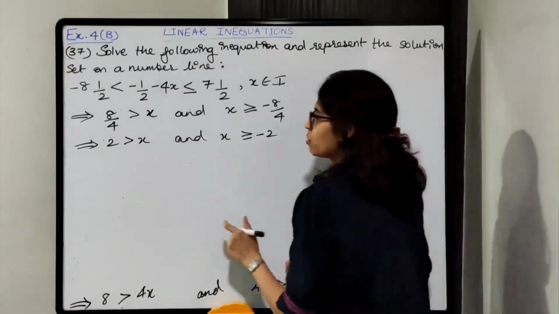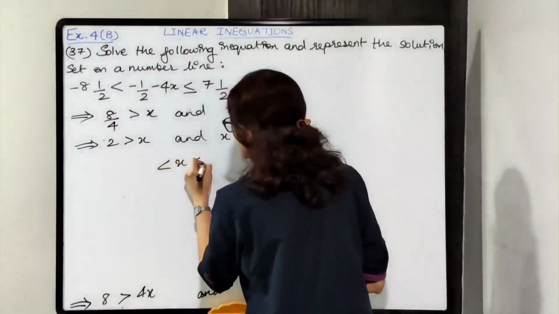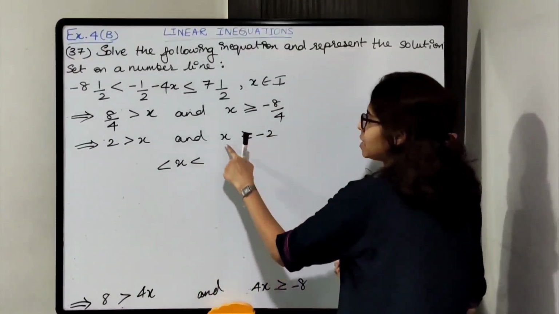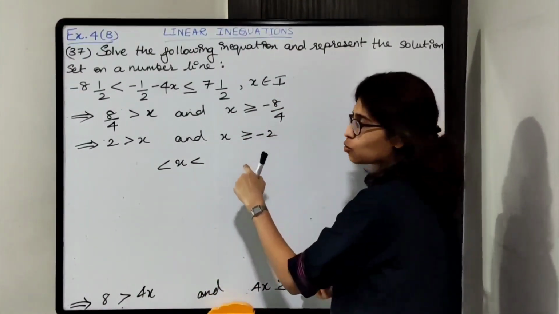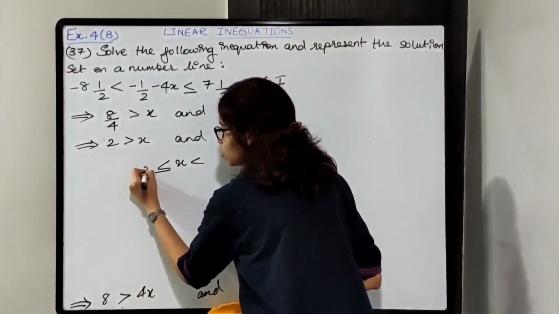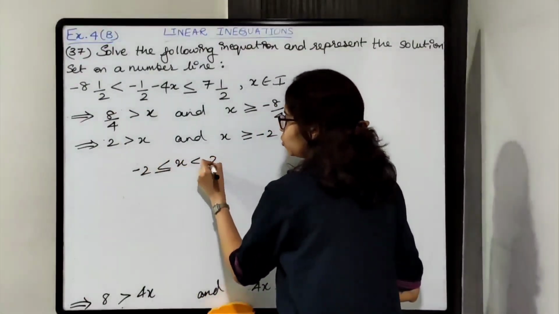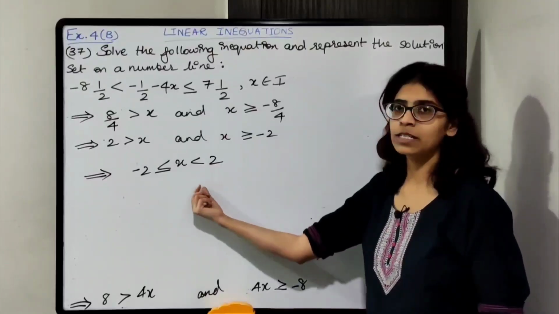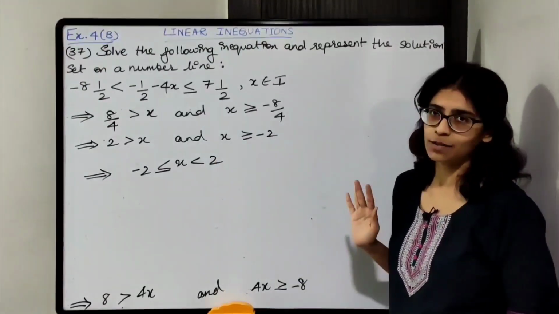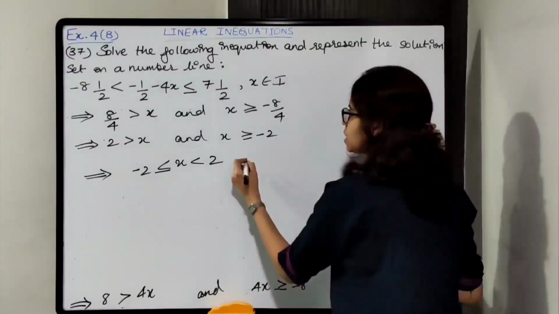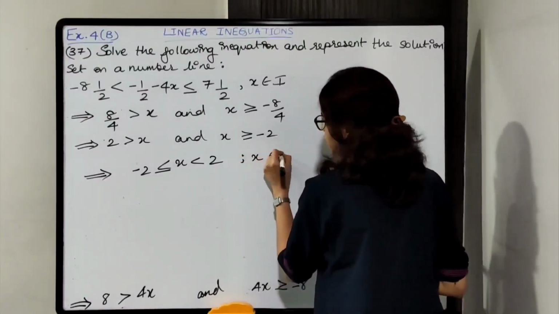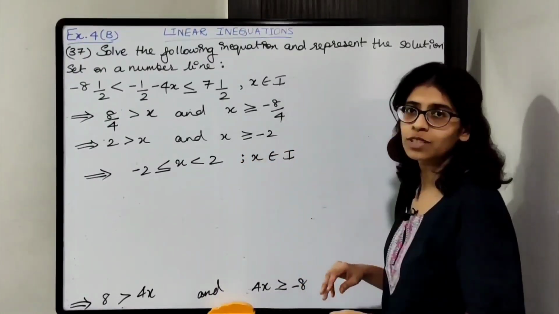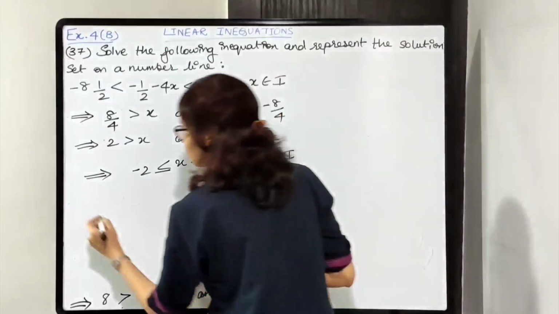We got the range, so greater than something, less than something. X is greater than or equal to minus 2. So equal to be here, minus 2, and less than 2. So we got the range of x minus 2 to 2 का range है, okay? And x belongs to the set of integers. So write this down.